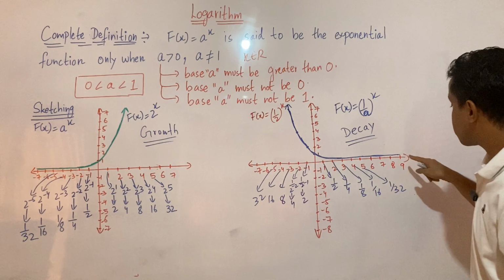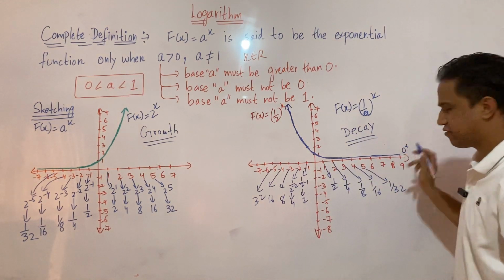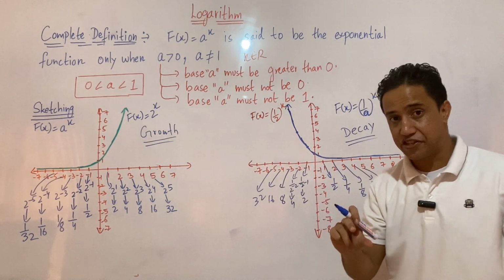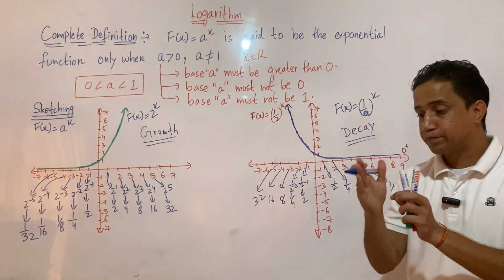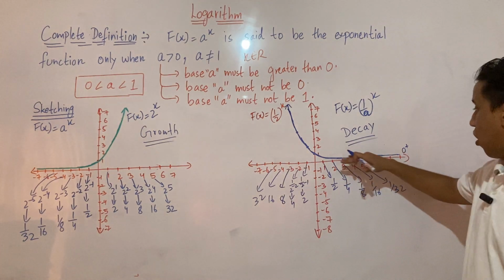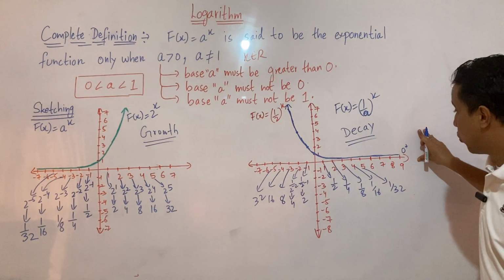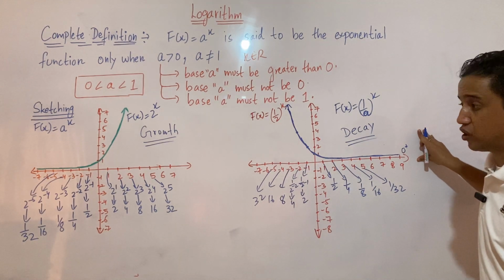So the value of this horizontal asymptote is 0 positive, meaning not exactly 0, but a little greater than 0. It will tend towards 0, but it will not become 0.